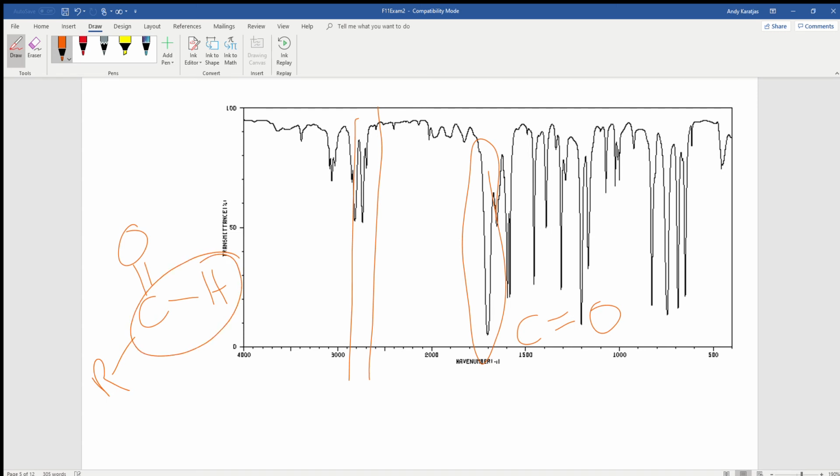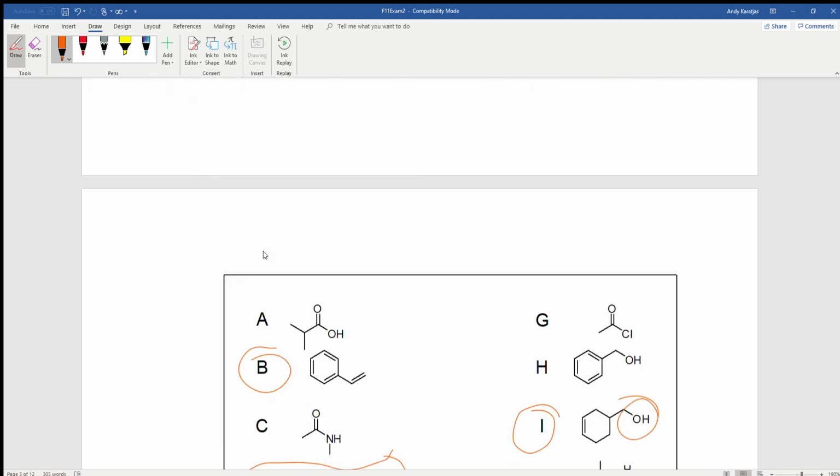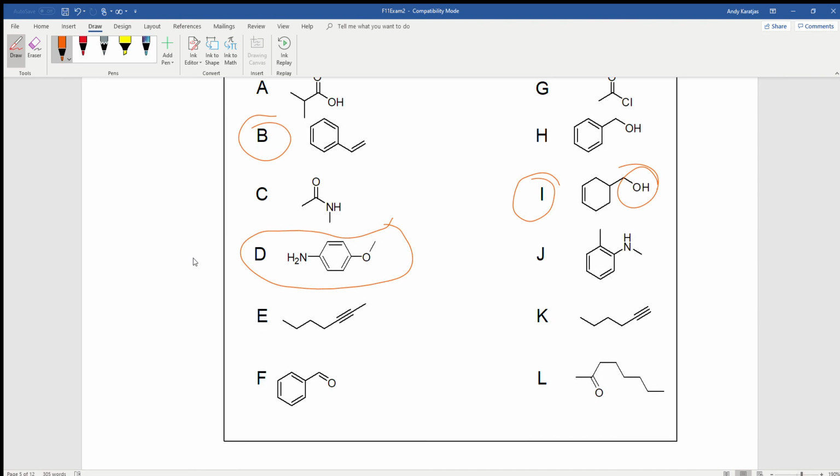This CH bond of the aldehyde gives us 2 peaks right in that region. So this IR spectrum suggests that we have an aldehyde. Just like the previous spectrum, the spectrum also suggests that we don't have any OH or NH protons. Looking at our list of compounds, there is only one aldehyde on the list, and that's compound F.